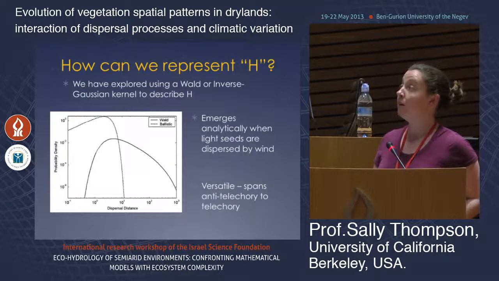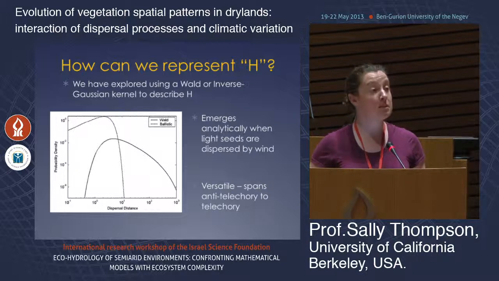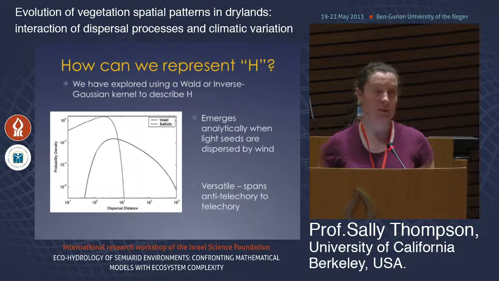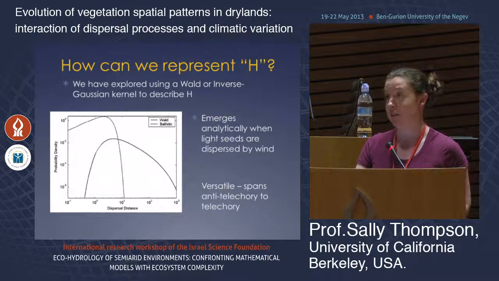This is a model that can be parameterized such that we do get, maybe over at least one decade, some power law behaviour, but can also be parameterised in such a way that we really have very local dispersal only. So it's a way of representing seed motion that is very flexible for multiple purposes and multiple kinds of mechanisms.